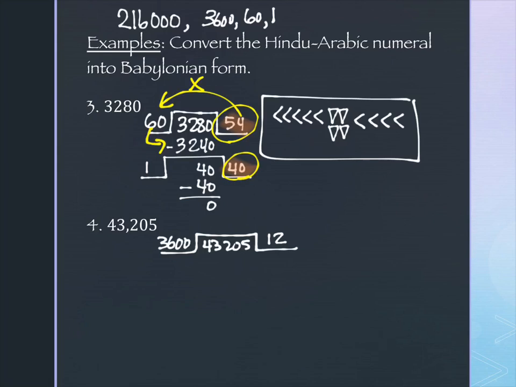And then if we take 12 and I multiply it by the 3,600, right, with multiplication, what will I get? 43,200 even? Am I hearing that right? Okay, great. So if I subtract this, what am I left with? 5.